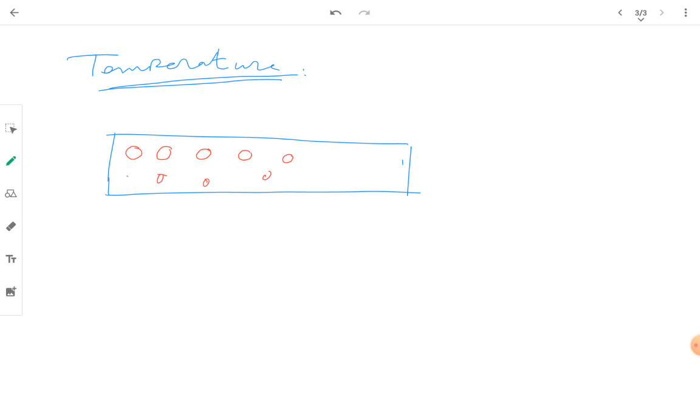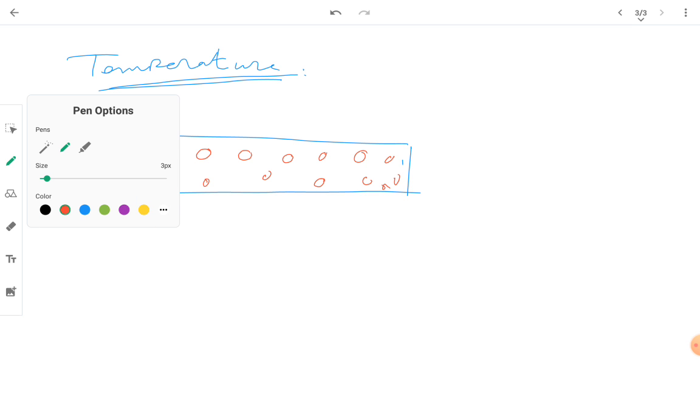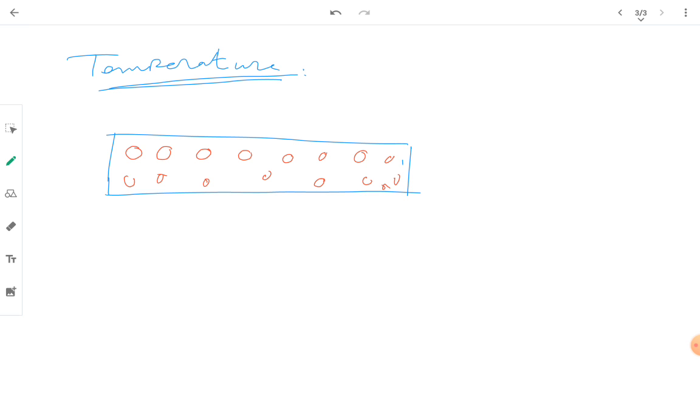Again there are also some molecules. For example, if the blue one is in motion and the red one is static, that means it is not moving.